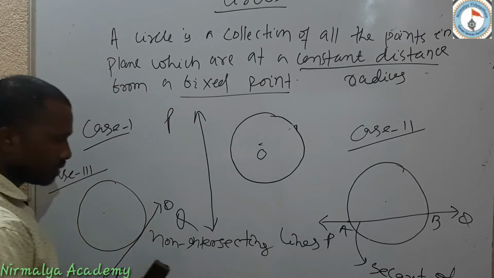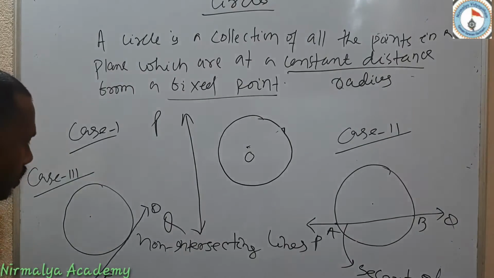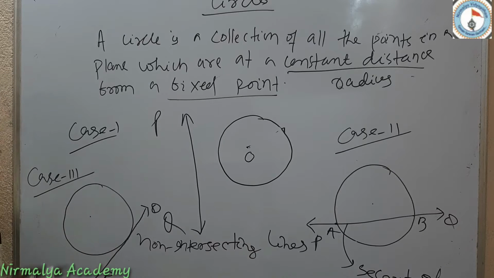Now let us discuss the tangent to a circle always touches the circle at a single point, and that is also known as point of contact. That common point between the line and the circle is known as point of contact.